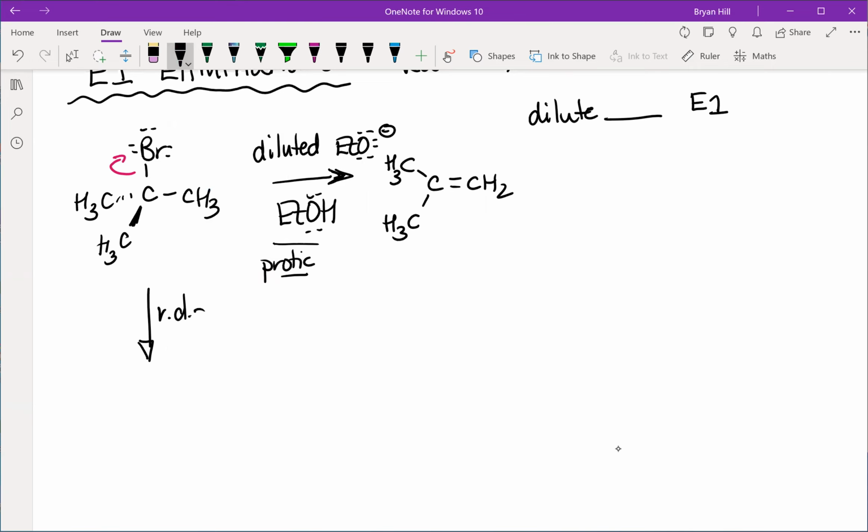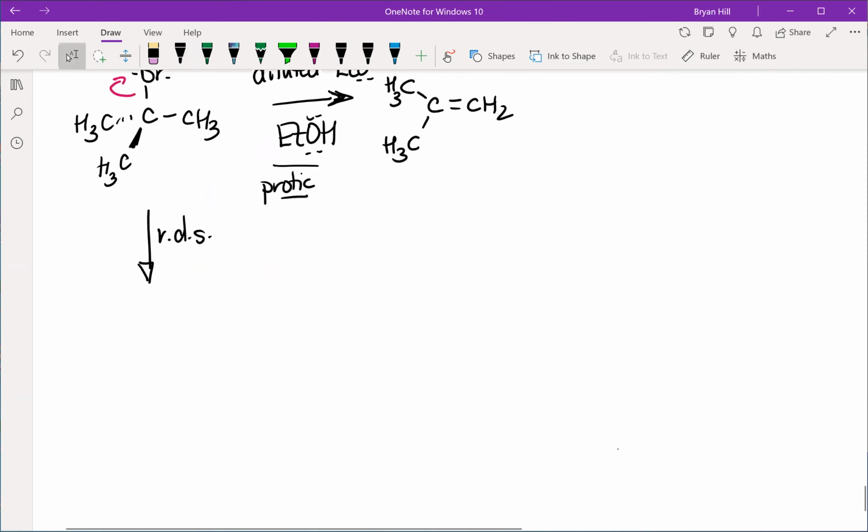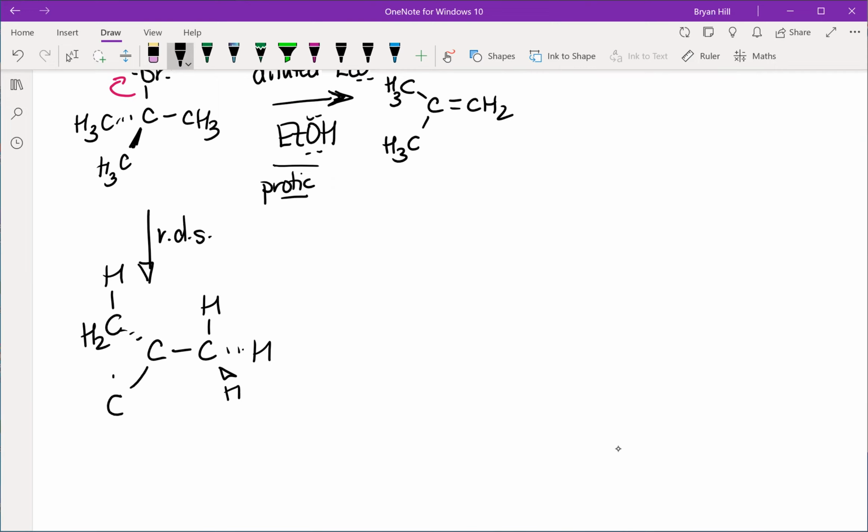Rate determining step. And we've got our carbocation here. In this case, this is a tertiary carbocation. I'll put two H's down here.